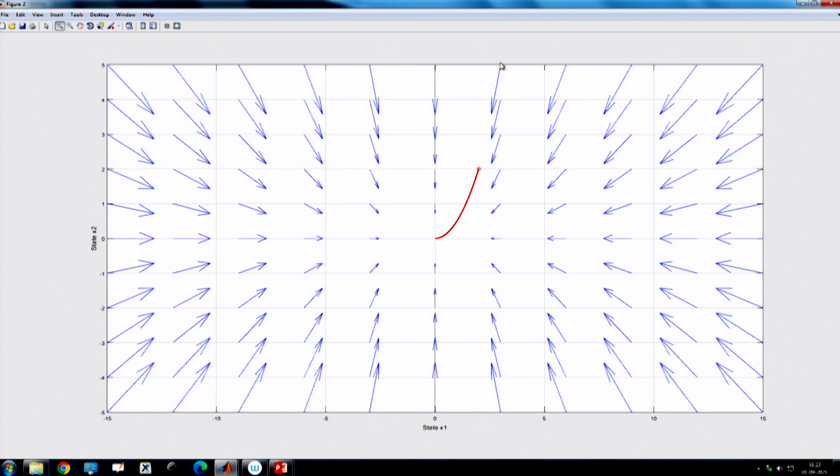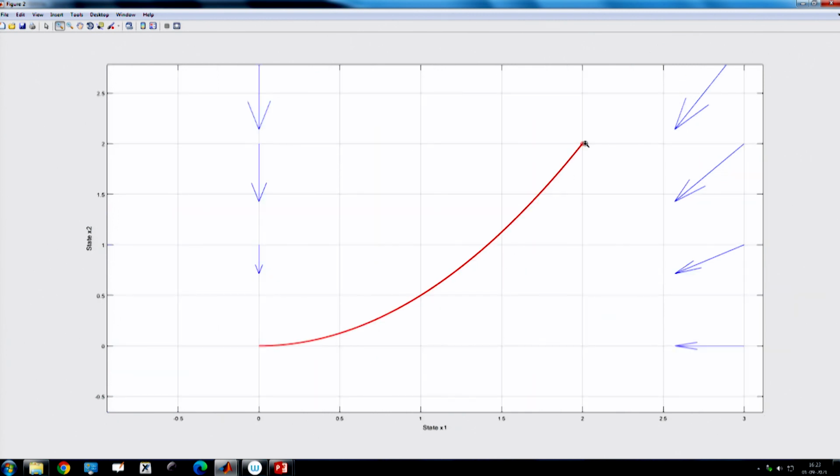If you start from this point, the trajectory will start moving, but it does not mean that throughout this path the trajectory direction will remain the same, because it may keep on changing. If you see here, the trajectory is slowly curving towards the origin, because this is the 0 0 point. It starts from here and slowly comes in.